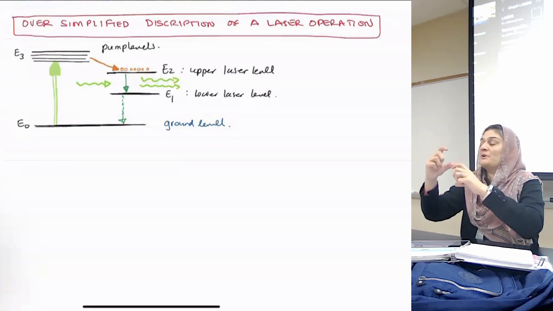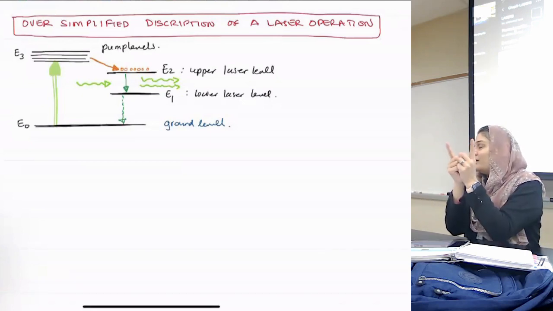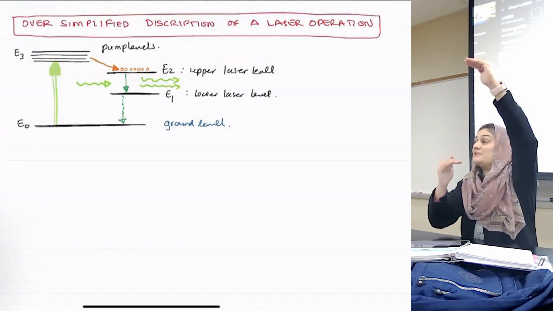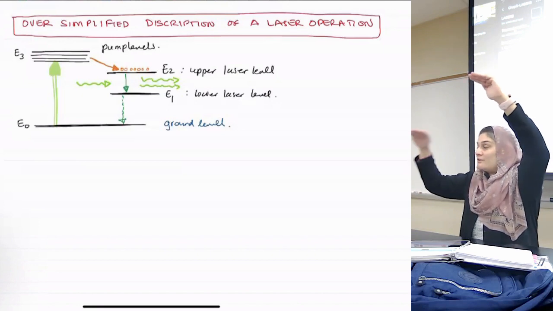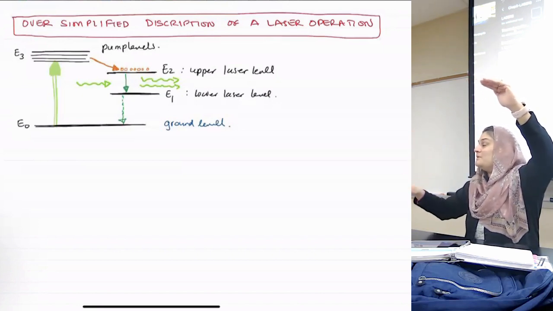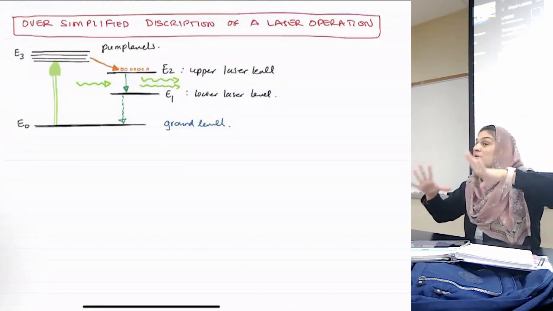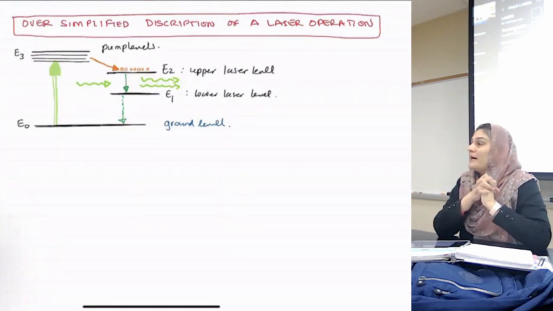It will still work with like 4.9 or 5.1. So it gives you a bit of leeway in which level it pumps up to. But with the fast transition, you are guaranteed the level that E2 is, and you are guaranteed the level E1 is. Make sense? So you are absolutely sure that those two levels will give you the two photons coming out.